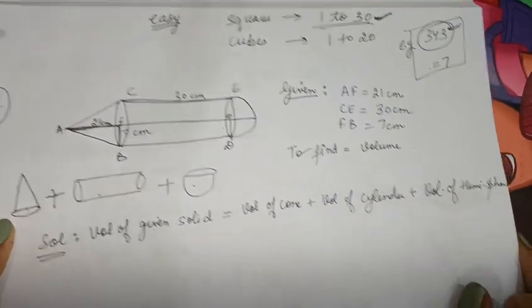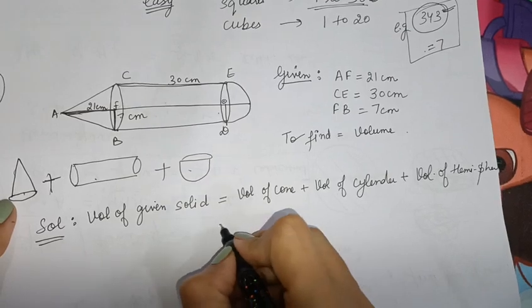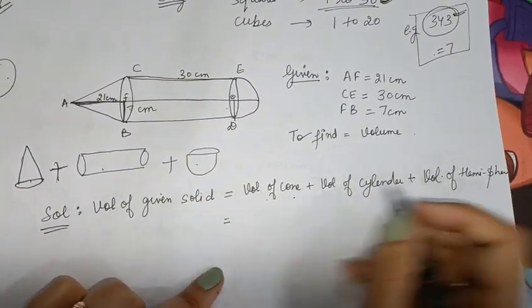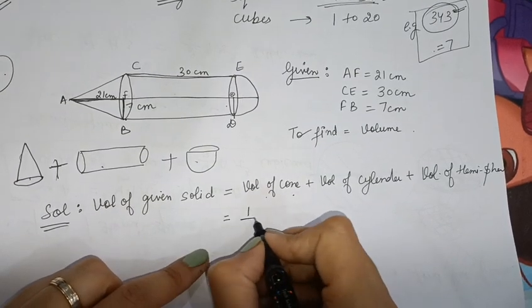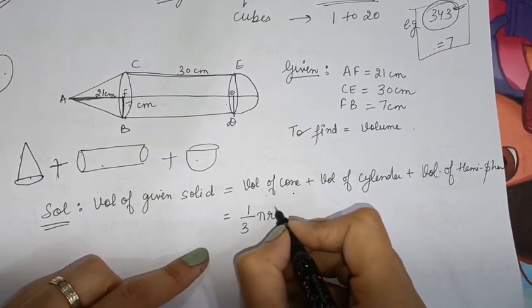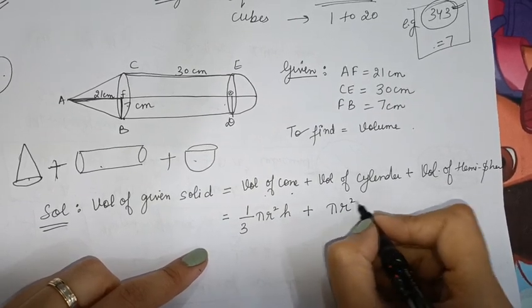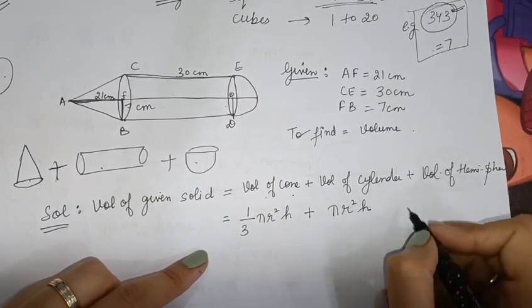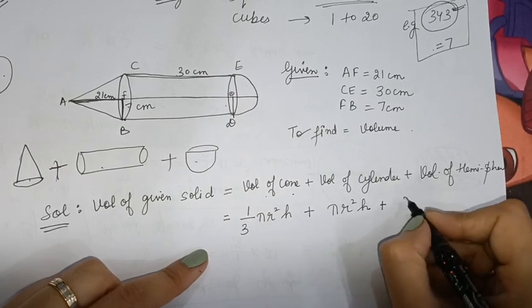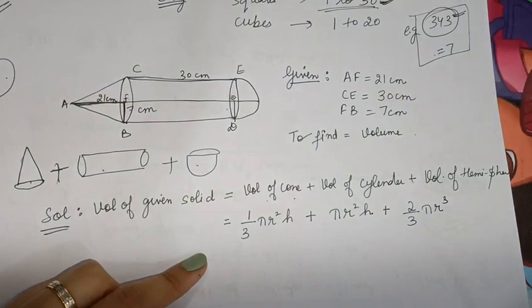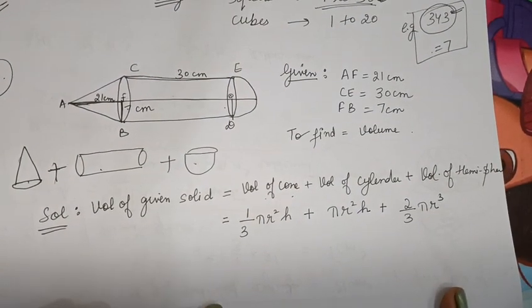Like this, in one single step you have to do. Volume of cone's formula, just now all the formulas I have discussed, is 1 by 3 pi r square h. Volume of cylinder is pi r square h. Volume of hemisphere's formula is 2 by 3 pi r cube. So all the formulas I have written.